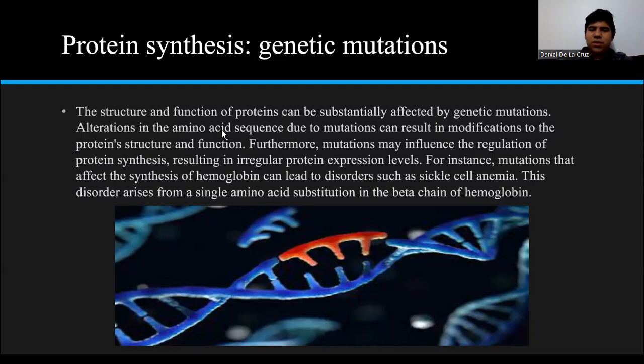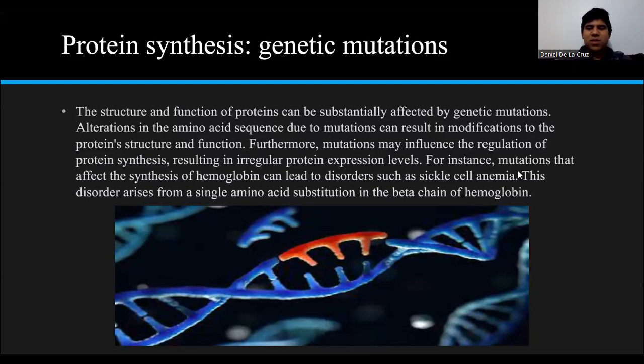The structure and function of these proteins can be substantially affected by these mutations. Any alterations in these amino acid sequences can lead to mutations and modifications. Furthermore, mutations may influence the regulation of protein synthesis, resulting in irregular protein expression levels.